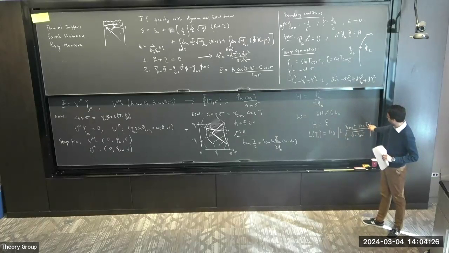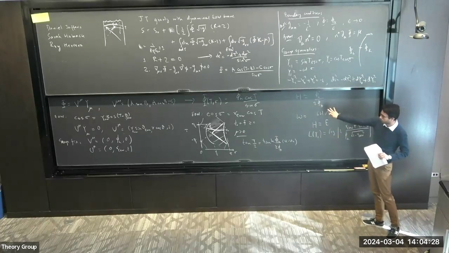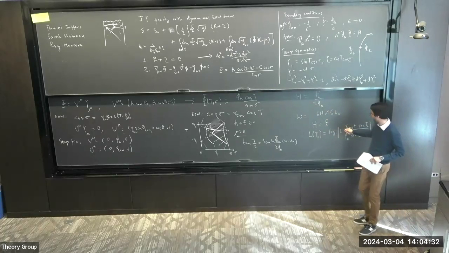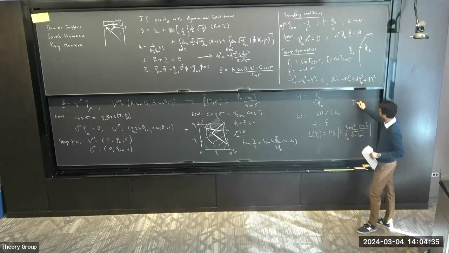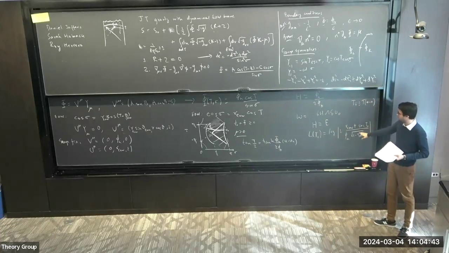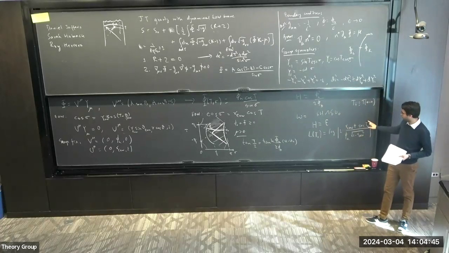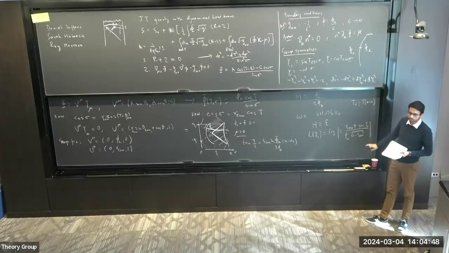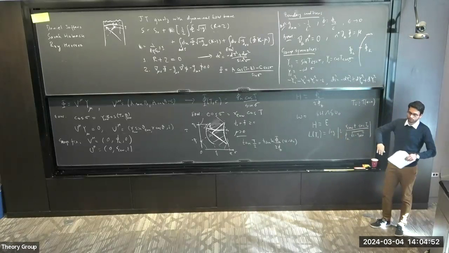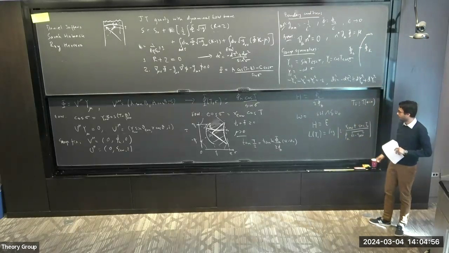As I take U naught to infinity, and t naught here I'm defining as t of U equals 0, the length will diverge because of this term. So this is the familiar increase in the length of the interior at late times.